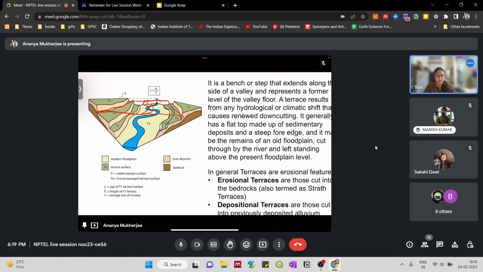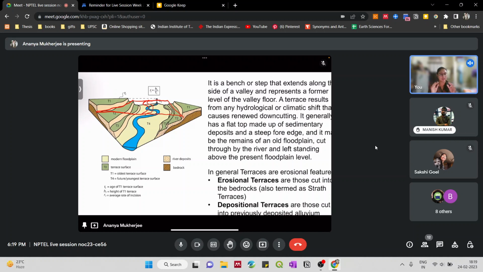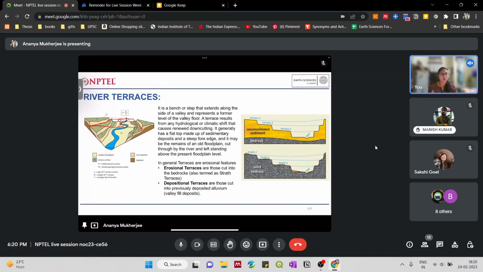If the height of the terrace is larger, that means the rate at which the river has cut through that area is very fast, and the level of the valley has changed very fast. So this is how you can understand how fast the rate of incision of a river is.